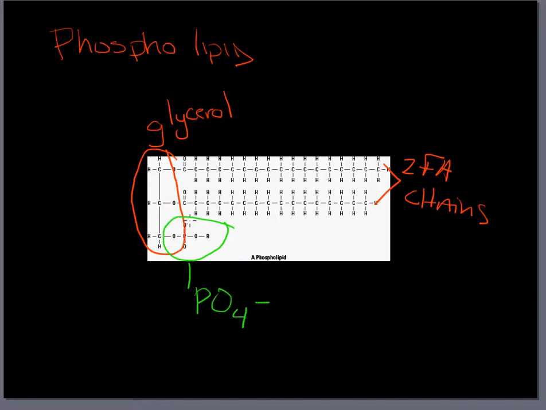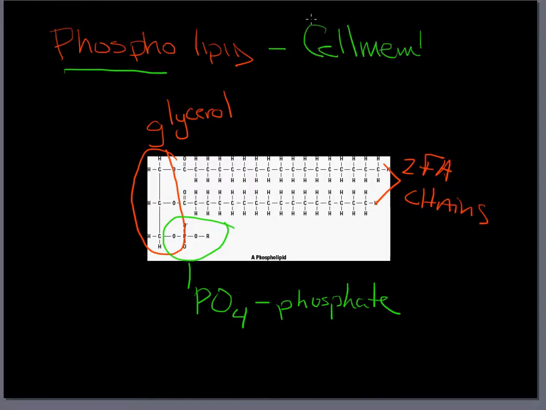That's the phosphate group. Thus, the name phospholipid. So, phospholipids are found in your cell membranes. We're going to spend a lot of time with them in the next couple of chapters.